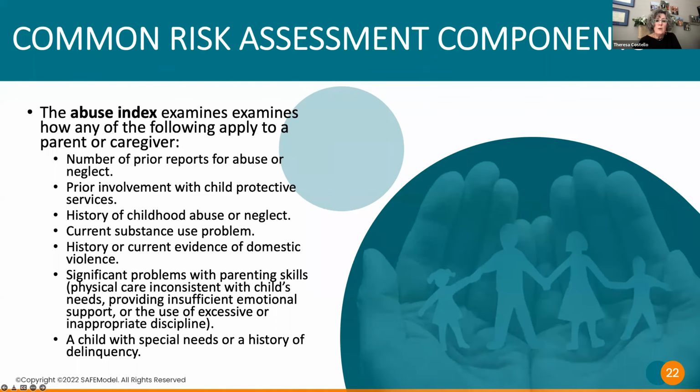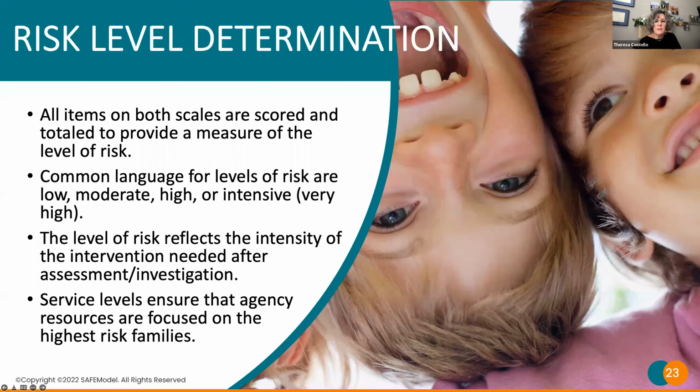Risk level determination. In a risk assessment, in the actual assessment process, those items on those scales are scored and totaled to provide a measure of the level of risk. Now, remember, we talked about earlier that in a risk assessment, we're measuring risk along a continuum. So scoring those items helps us figure out where along the continuum that family would fall in terms of the likelihood of maltreatment.